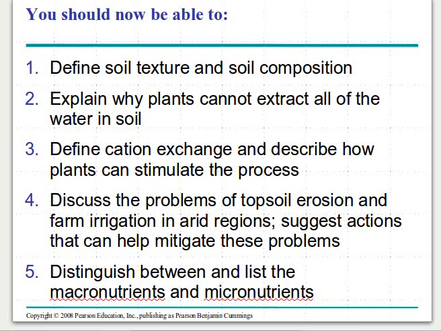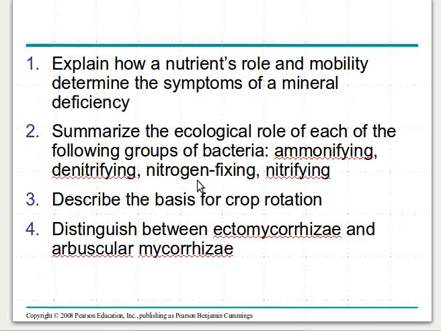You should know a little bit about the cation exchange. We're not going to worry too much about getting into the specifics. Know that topsoil erosion is a big problem, and then you're going to want to be able to distinguish between macronutrients and micronutrients. What's the difference? And talk about what a nutrient does.